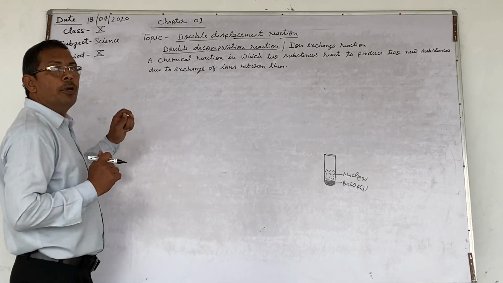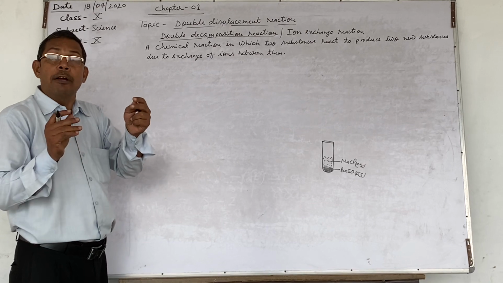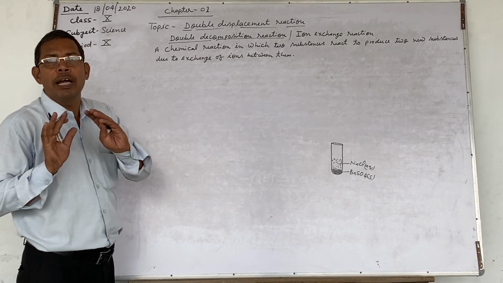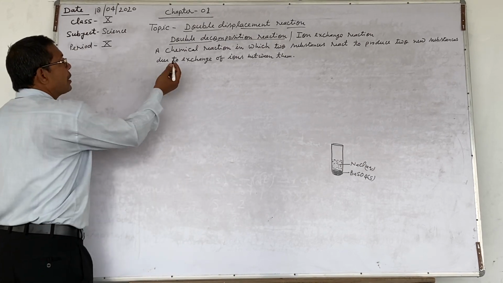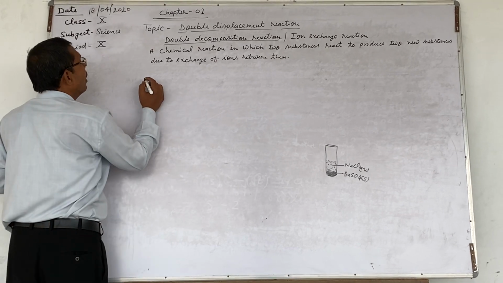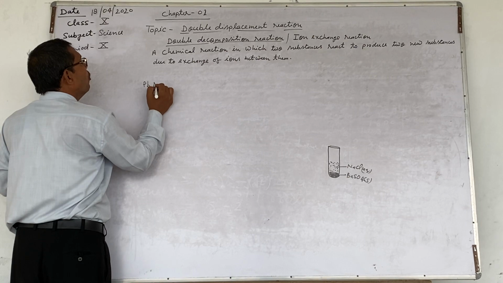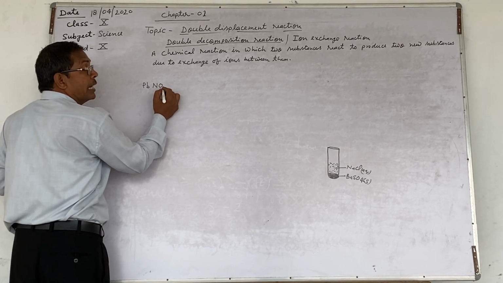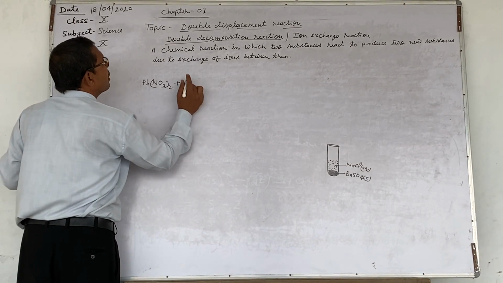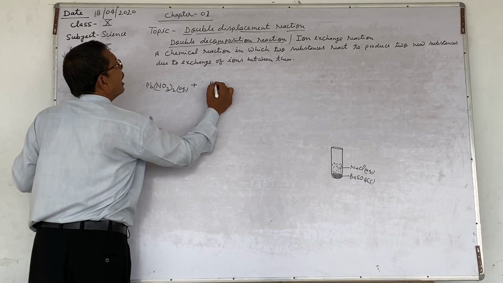Just I have told you during characteristics of chemical reaction, when lead nitrate, aqueous solution of lead nitrate is mixed with aqueous solution of potassium iodide. This reaction is also an example of double displacement reaction. See here, lead nitrate, you know its chemical formula, Pb(NO3)2, and potassium iodide, aqueous solution here has been taken, and potassium iodide KI.